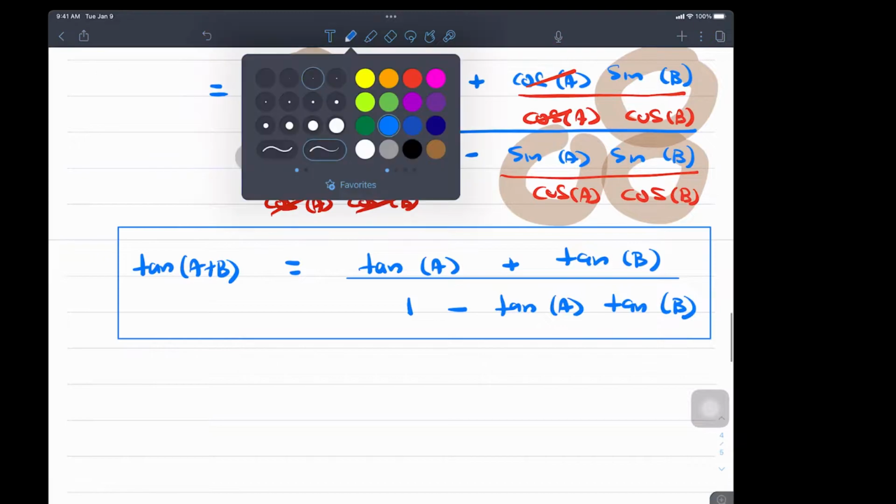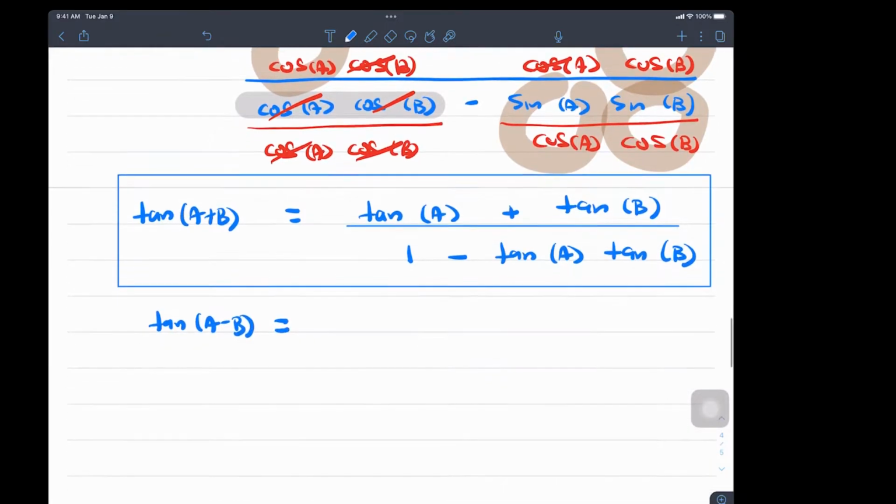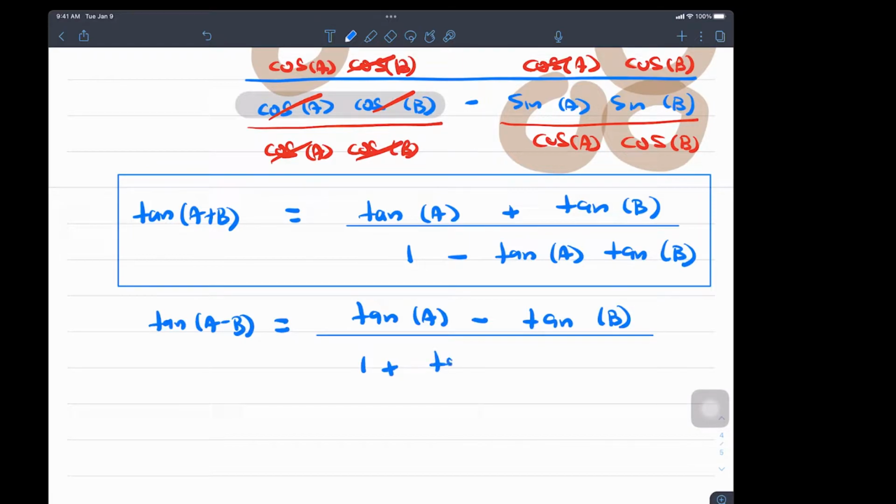And then similarly, you can deduce the difference formula for tangent. I wanted to prove this stuff for you guys. You just replace the B with a minus B, and you get tangent A minus tangent B over, with the sign switched, 1 plus tangent A tangent B. Because you're just replacing B with a minus B. There you go.